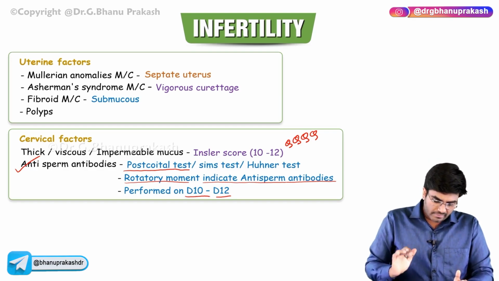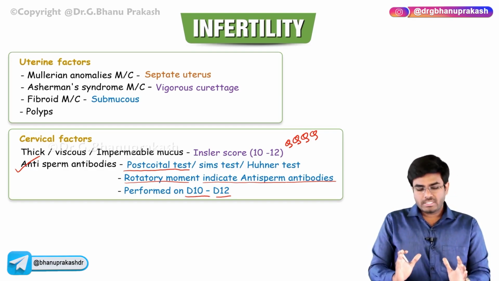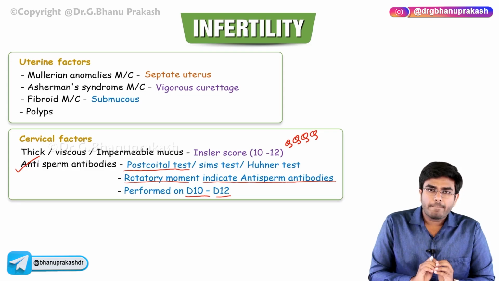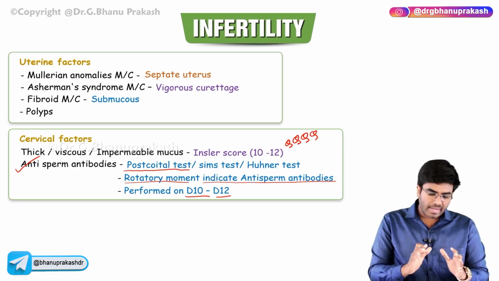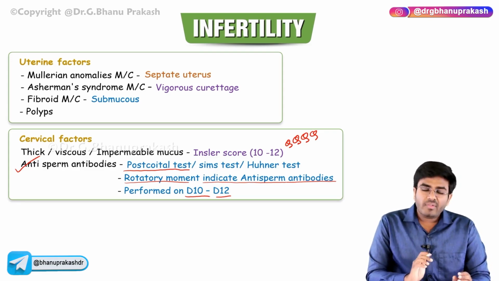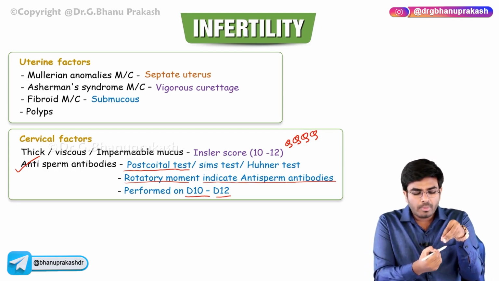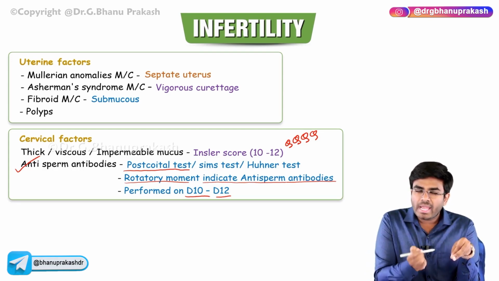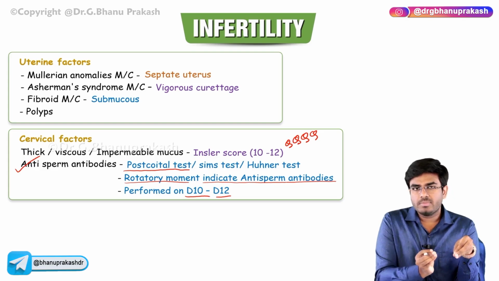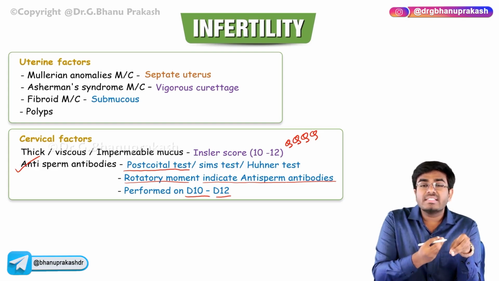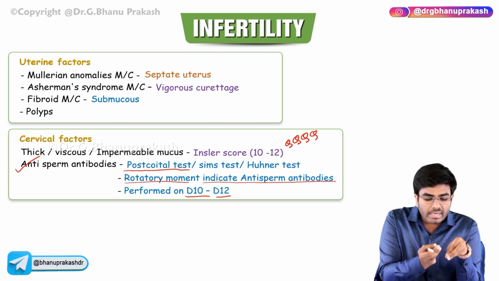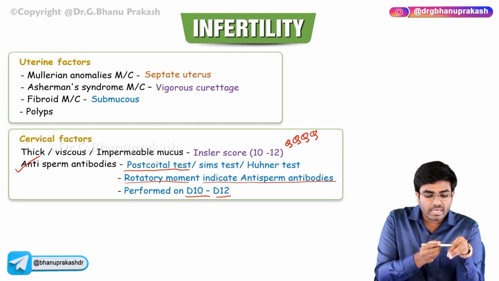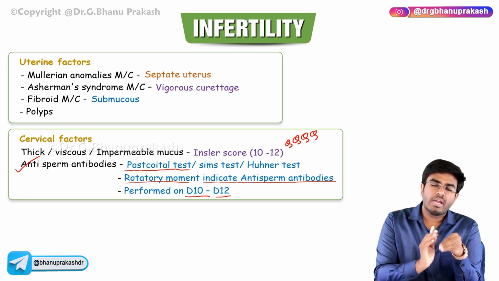Okay, well and good. Now, how to manage cervical factors of infertility? Uterine factors of infertility, manage accordingly. Cervical factors of infertility, just think the problem is lying in the cervix. Now, what I have to do? I have to collect the sperms and I have to bypass this cervix area. I have to directly release the sperms into the uterine cavity so that these sperms will reach the ovum and fertilization happens.